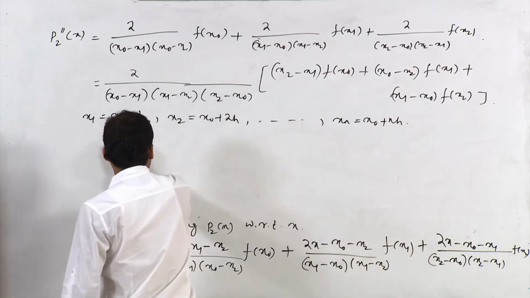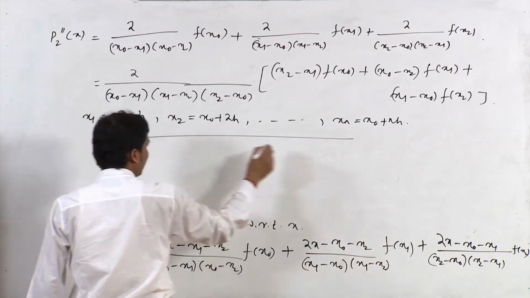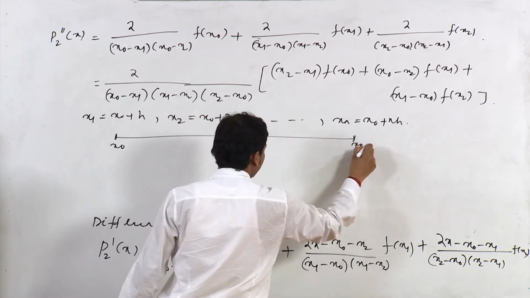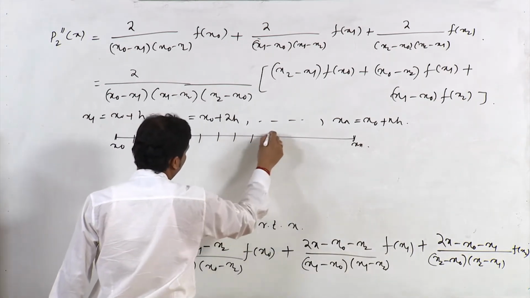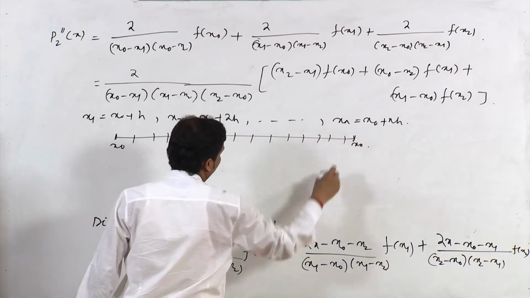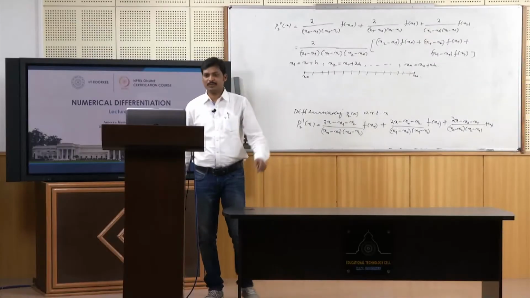Obviously, in a graphical representation, if x0 is the starting point and xn is the end point, and we divide this complete interval into n equal parts, then it is equally spaced, or all the points are equispaced.